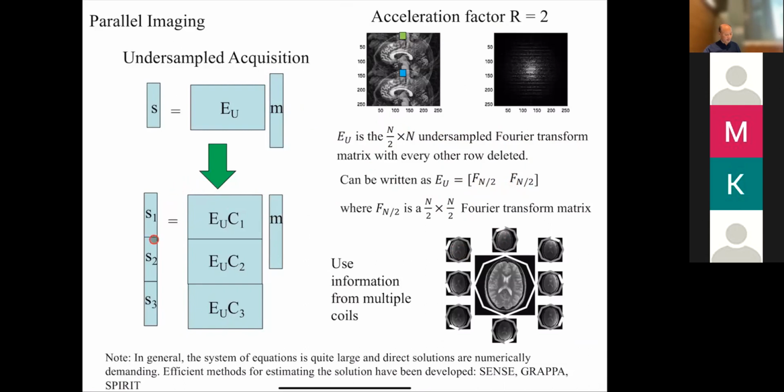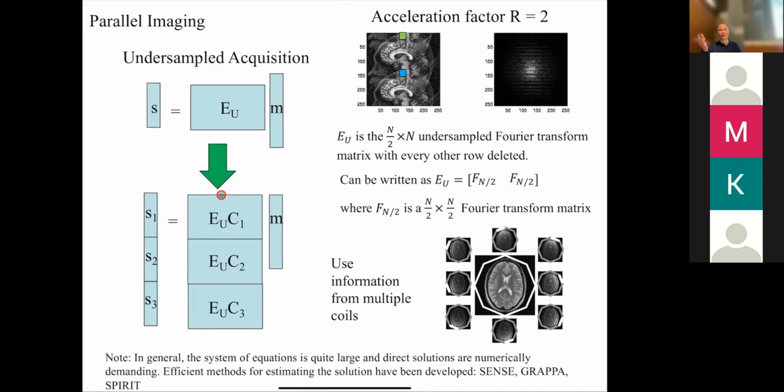But the problem is with this equation, if you think about it, let's say I have 30 coils, okay? And then I have a 256 by 256 image, okay? So n squared is on the order of, what is it? What's 200 squared? Like 40,000, right? Is that right? No, is it 400,000?